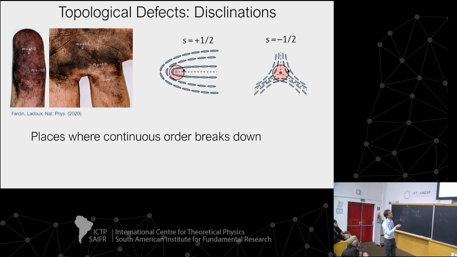And the way that you can classify this topological defect is by wrapping a path, right, around it, and then seeing how the structure of the fingerprint changes around, right? If when you go around this defect, you pick up a net rotation of the lines, or in this case of your nematic director, you will get a topological defect. And at the defect itself, the order breaks down because it's no longer well-defined.